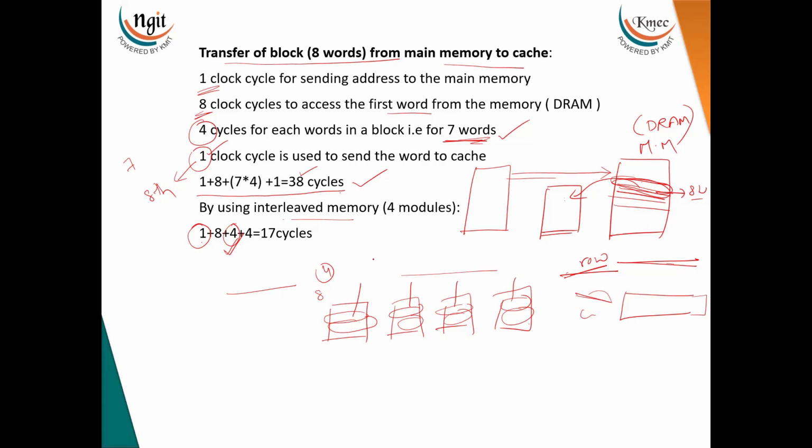At the same time, the first 4 words accessed in the 8 clock cycles are sent to the cache memory, and to send the second 4 words to the cache memory, the next 4 clock cycles are required. So in total, using interleaved memory, only 17 clock cycles are needed to transfer a block of 8 words from the main memory to the cache memory. With this, by introducing interleaving, the overall data rate is increased.